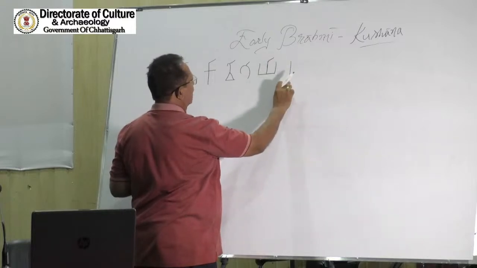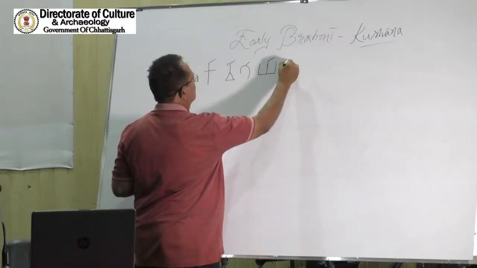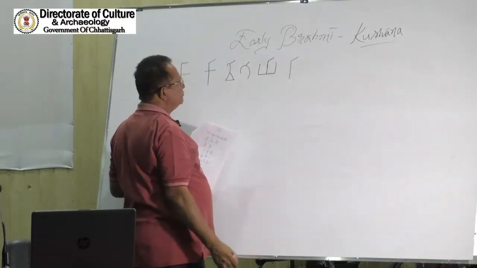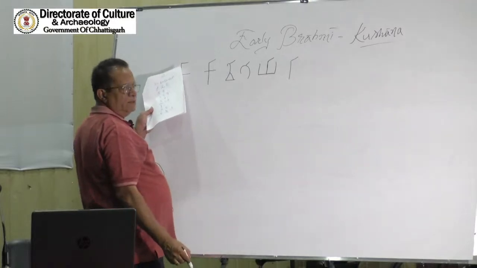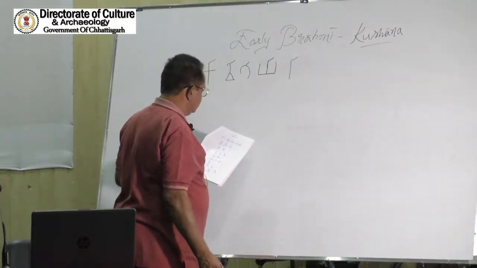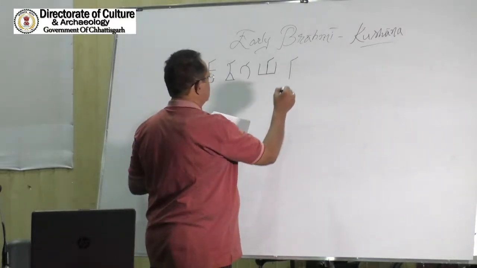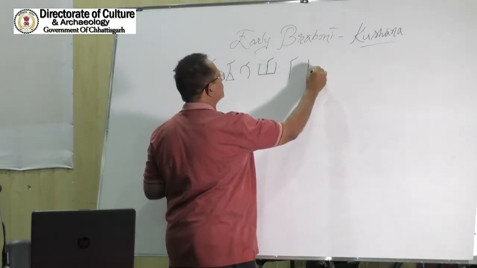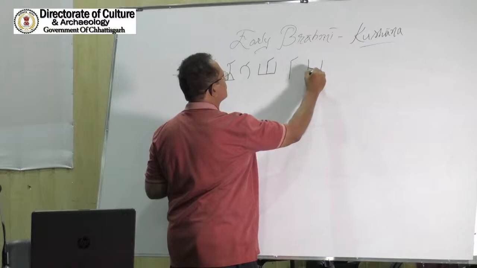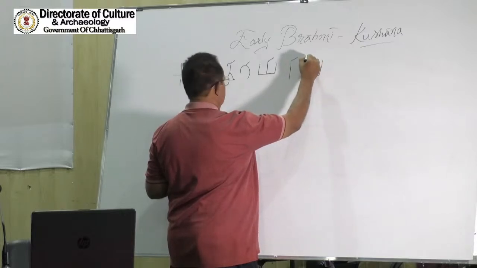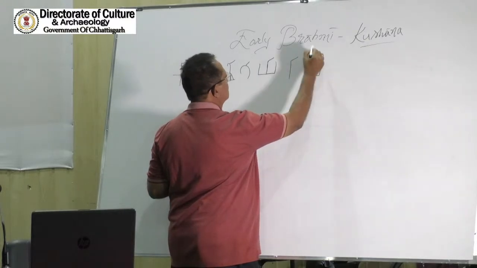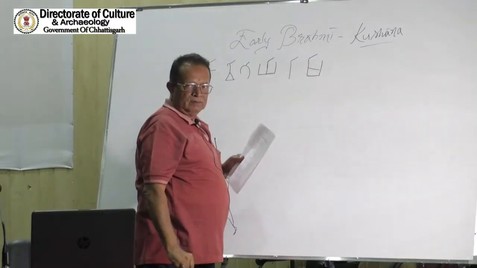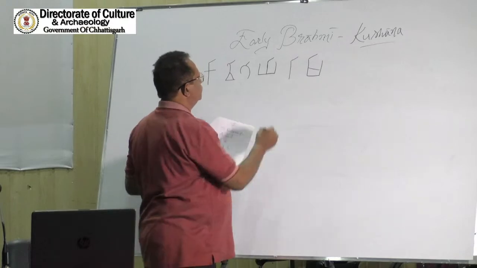So this is ra and then a slant stroke like this. Not like this, it's just a stroke. And here it is attached not on this stroke, on the left limb.